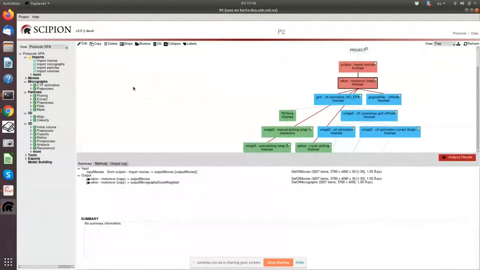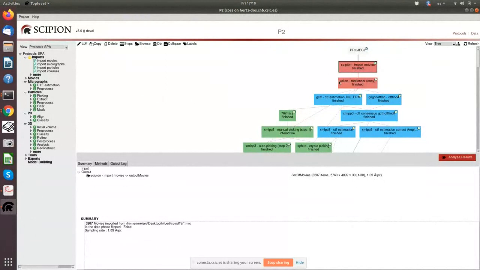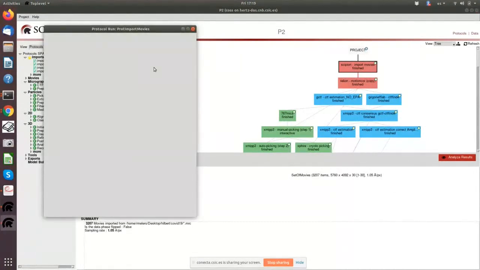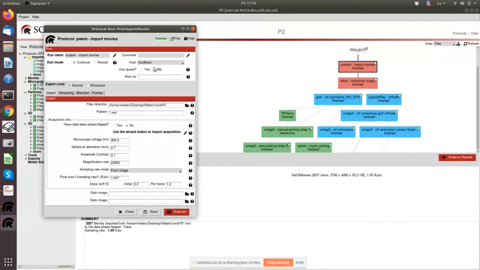So in Scipion, you import your movies, and if you are close to the microscope, in the sense that you are acquiring your movies at the same time, this import movies is working in streaming.